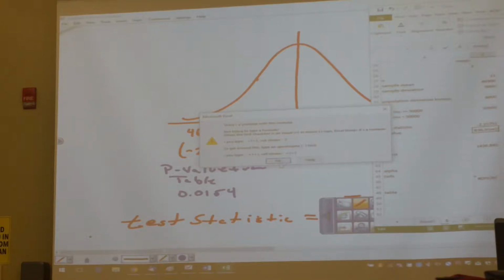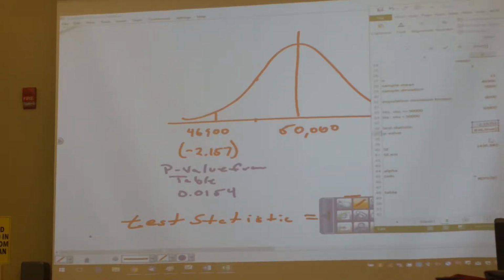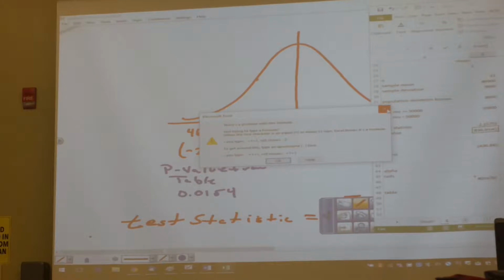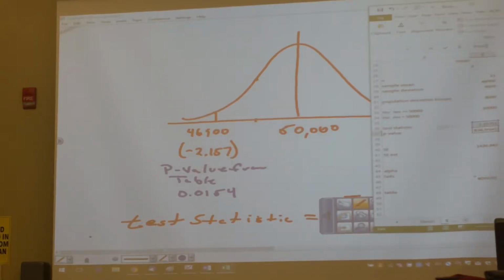I know, but it won't let me with the dialog box up. Should I hit OK and then go back? Oh, now that works. So I want to click on this, comma, and true.